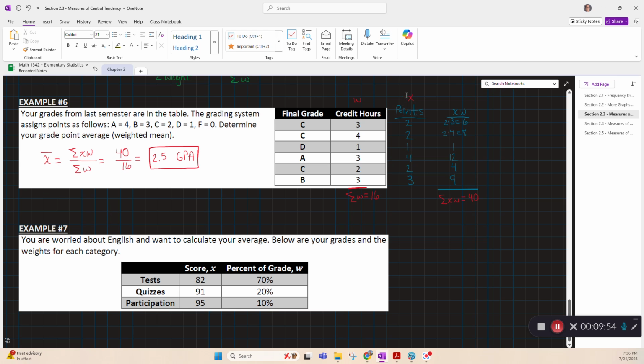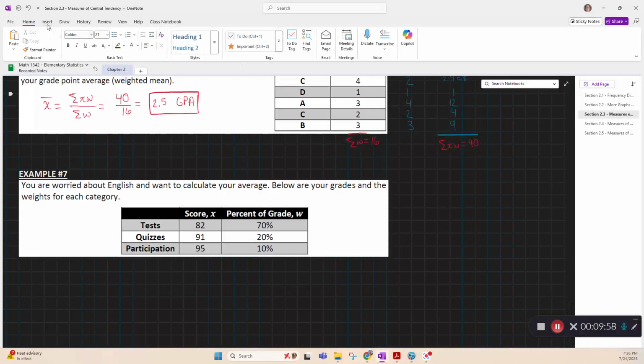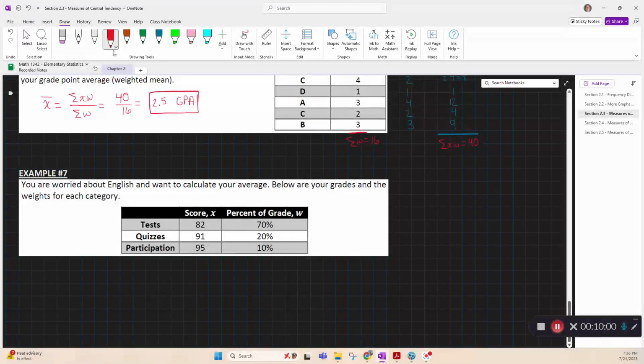So what's our next step? We have the X, we have the W. We need to get X times W. Let's do it. We're going to have 82 times 70.